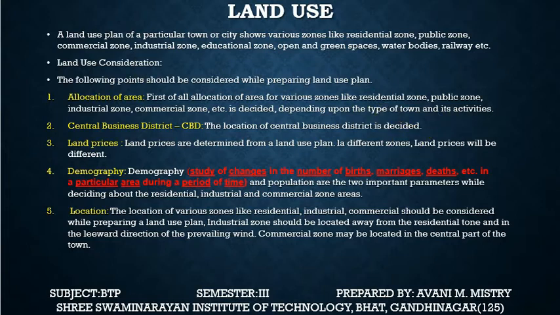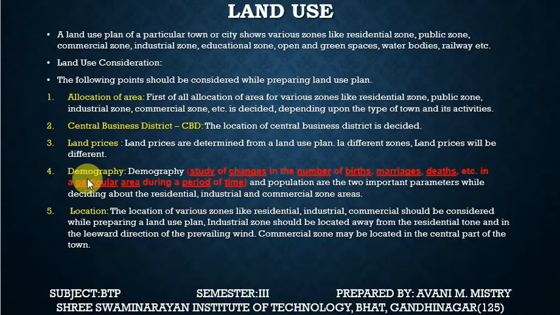The central business district, that is CBD, its location is decided. Then land prices. Land prices are determined from the land use plan. In different zones, the land prices will be different.